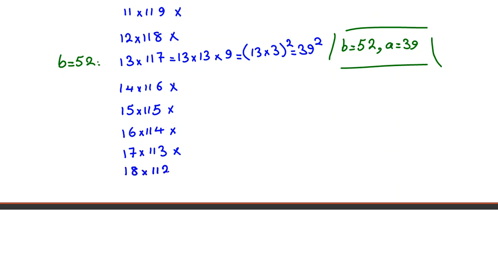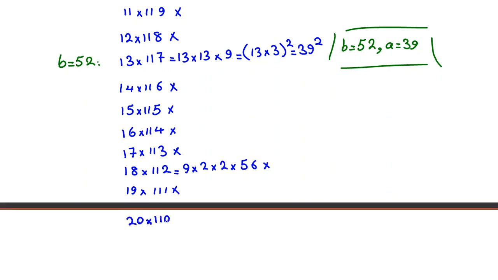Next one, 18 times 112. So it will be 9 times 2. 112 is 2 times 56, okay? Let's check to make sure. 56, yes. So as you can see, 56 is a multiple of 7. Yeah, so the power of 7 is 1. It's bad. So if we continue, 19 times 111, if we check 5 times this is 95, 6 times this is 104, it's not a multiple of 19.